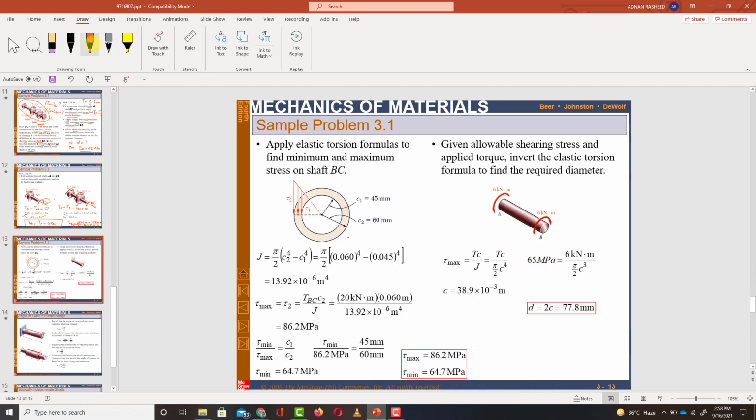So the first part was to find tau max in BC and tau minimum in BC. And BC is a hollow shaft whose outer and inner diameter were given.